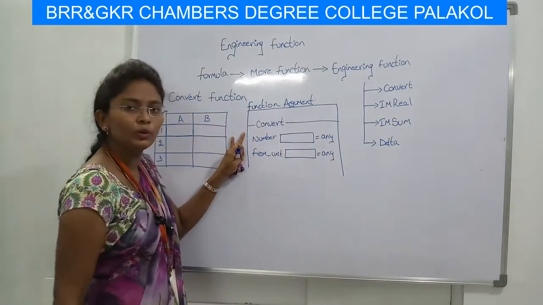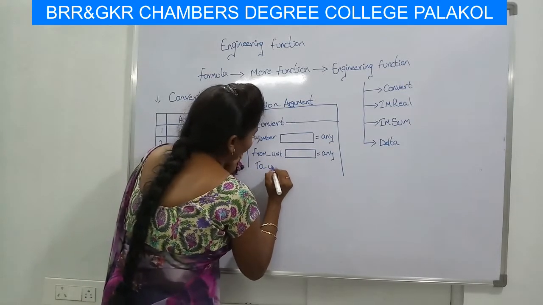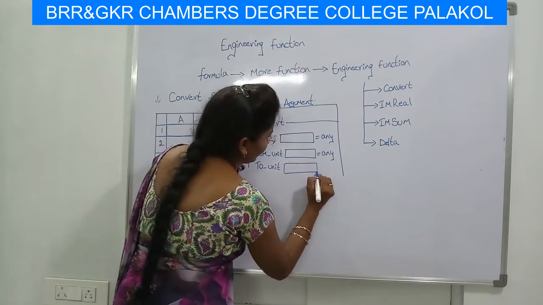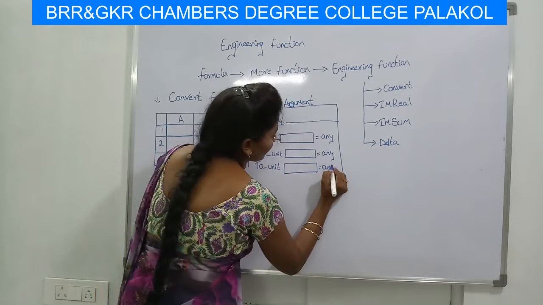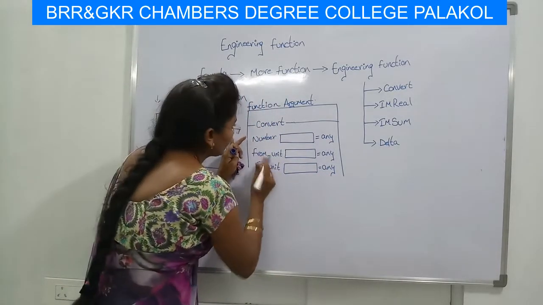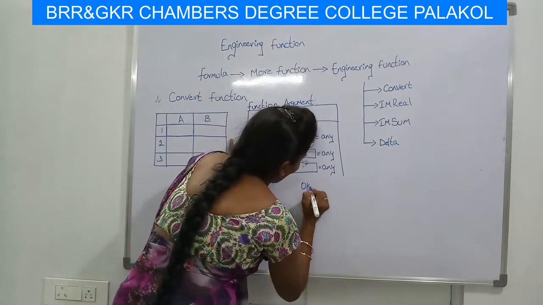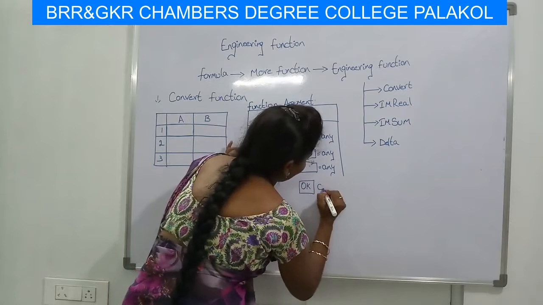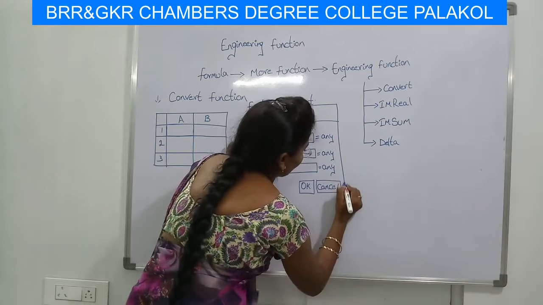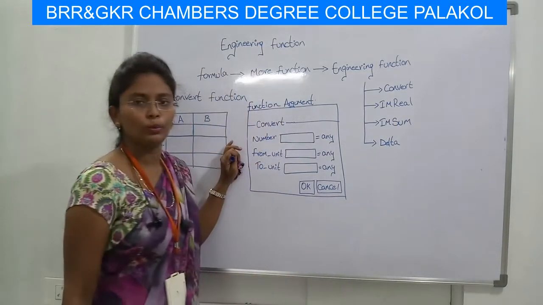And here you can see the to_unit, again box here equal to any. These are the arguments in the convert option. And last you can see the OK button and cancel button here. This is the convert function dialog box.